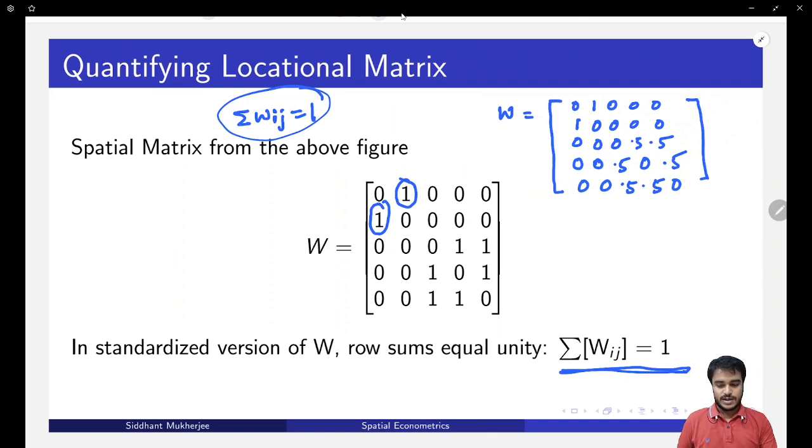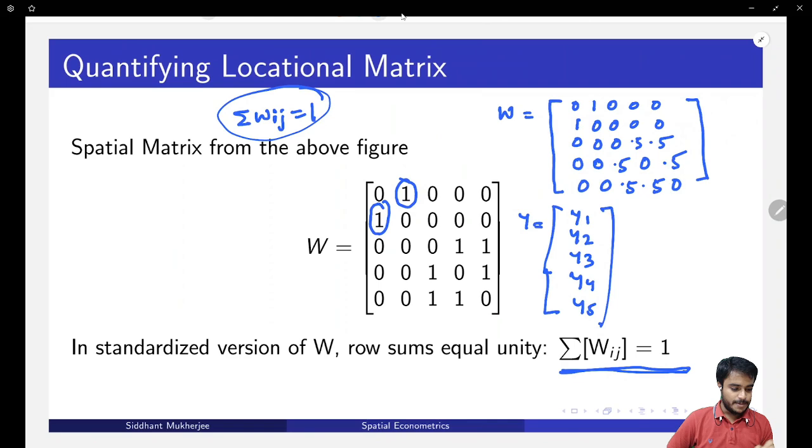And suppose the variable of locations y equals y1, y2, y3, y4, y5. Okay, there are matrix forms. So if we see that, wy equals, look, W is the 5 cross 5 matrix, and y is a 5 cross 1 matrix. This 5 cross 5 times 5 cross 1, right?